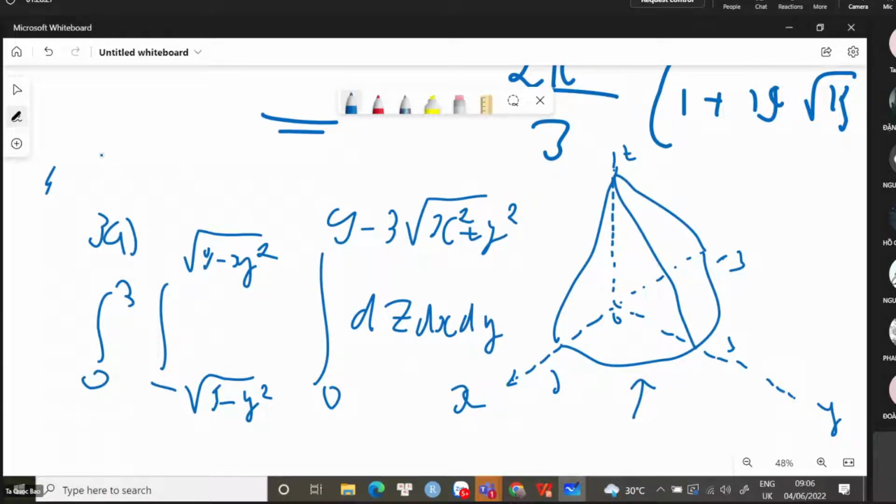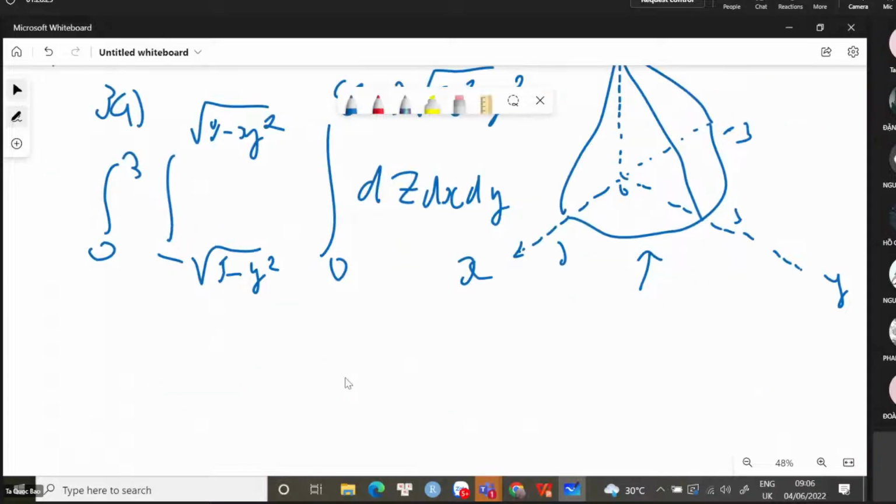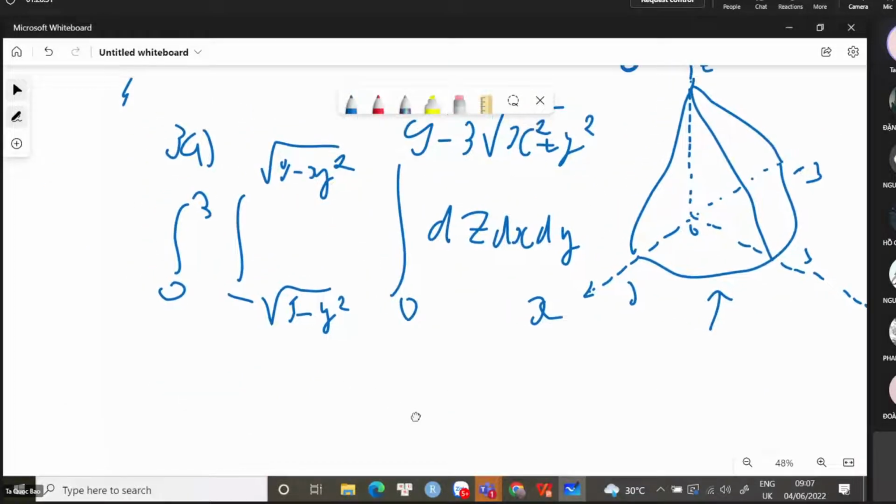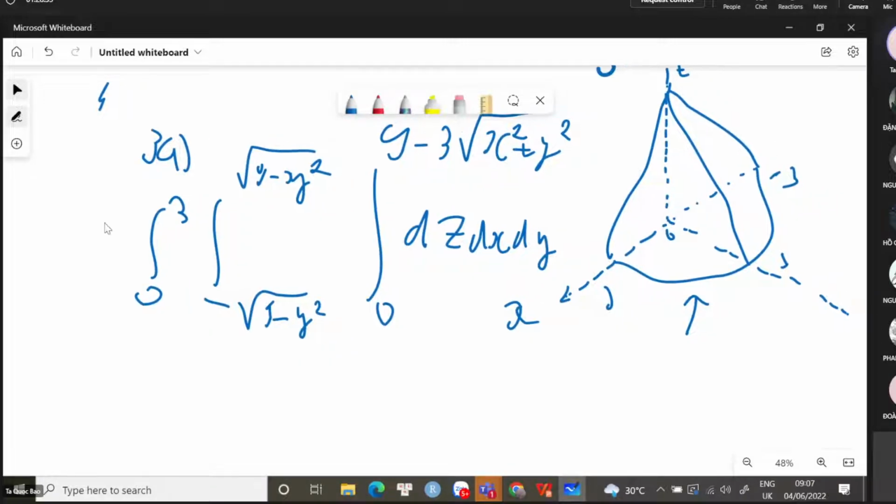Okay, so now by using the cylindrical coordinate, and then you get this equal to 0 to pi.